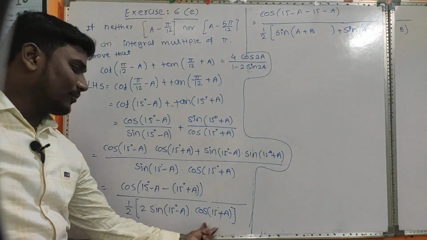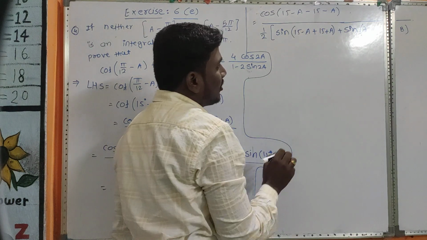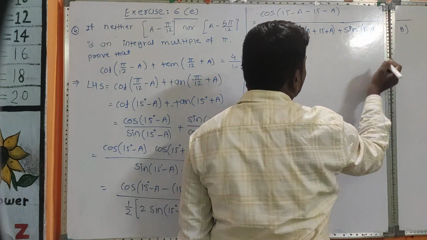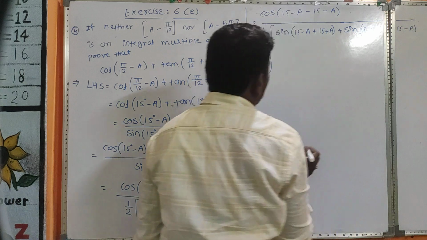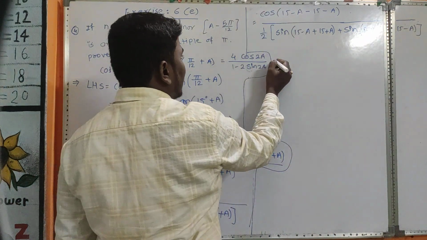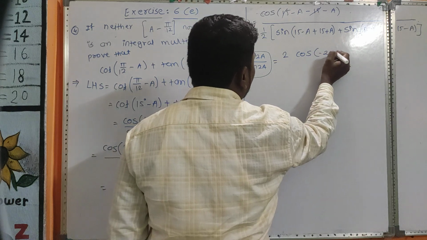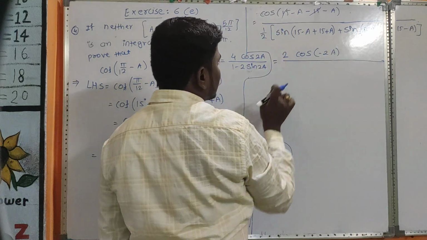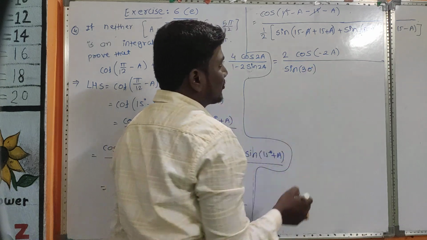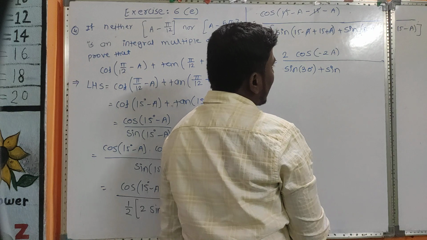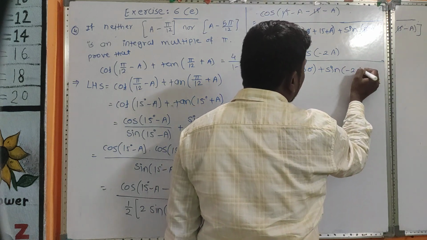A means 15 minus A and B means 15 plus A. A plus B means 15 minus A plus 15 plus A. Here A minus B means 15 minus A minus 15 plus A, which is minus 15 and minus A. So the numerator 2 stays, the minus 15 plus 15 cancel, giving cos of minus 2A, divided by sin: minus A plus A cancel, this becomes sin 30 degrees, 15 plus 15, plus sin: 15 minus 15 cancel, giving sin of minus 2A.